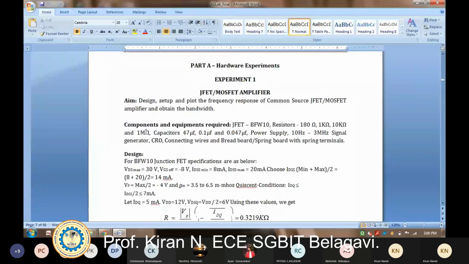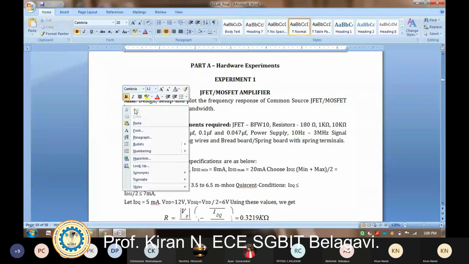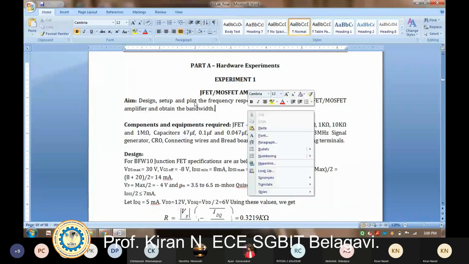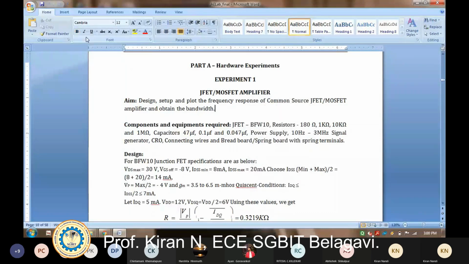Yes, so here is the first experiment. The first experiment here is to design, set up and plot the frequency response of common source JFET and MOSFET amplifier and obtain the bandwidth of that.